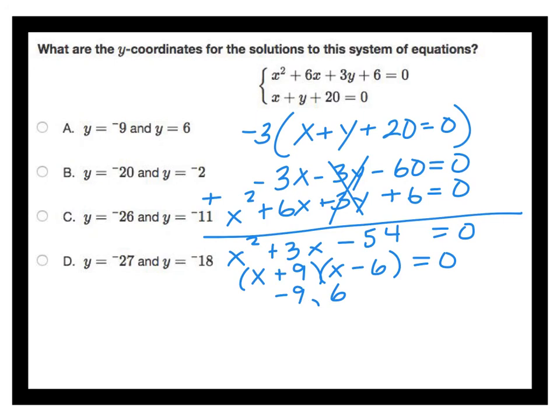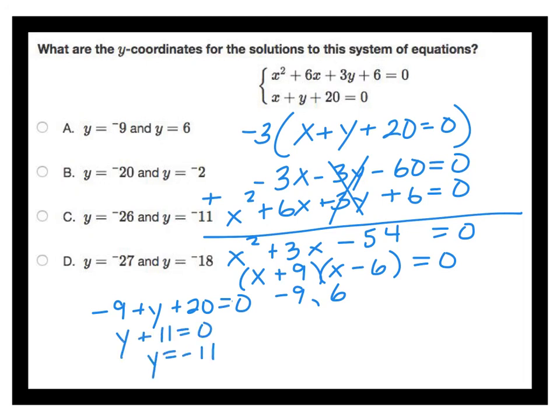If I then go back and I plug in each of those numbers into, let's pick the second equation because it's easier, and I solve for y, I can find my y coordinates. So, negative 9 plus y plus 20 is equal to 0. That means y plus 11 equals 0 and y equals negative 11.